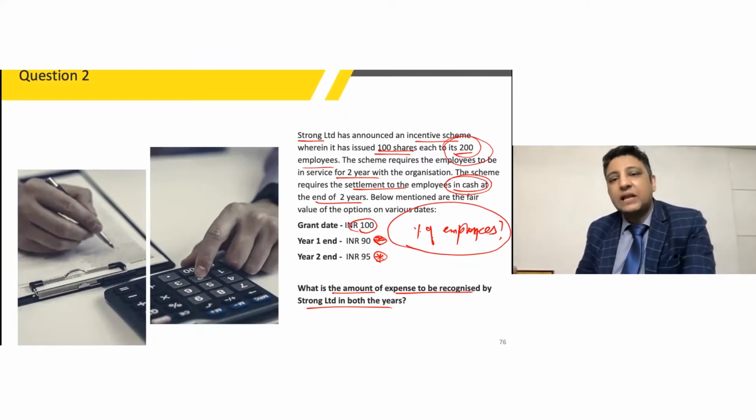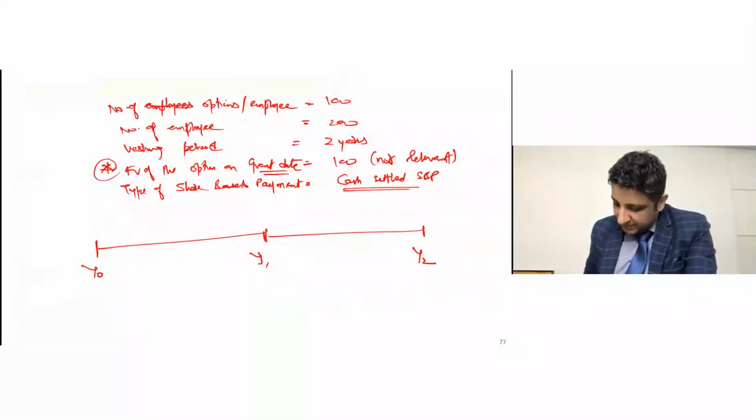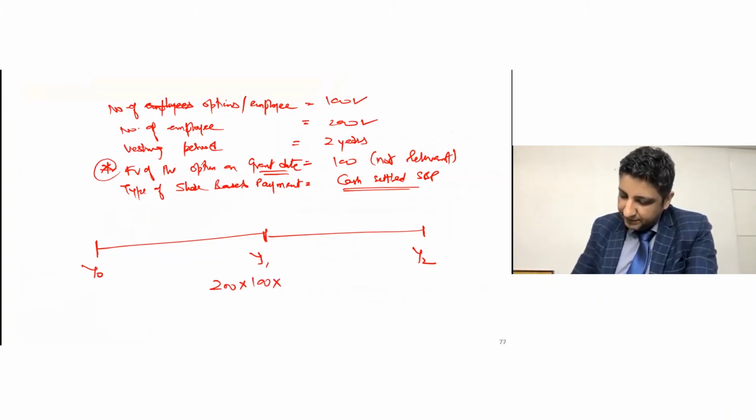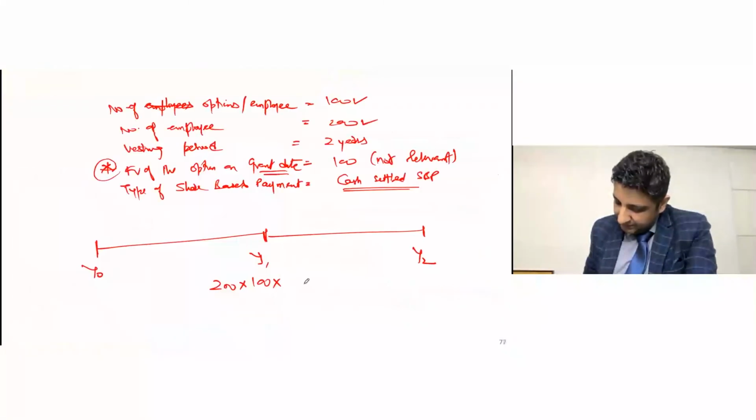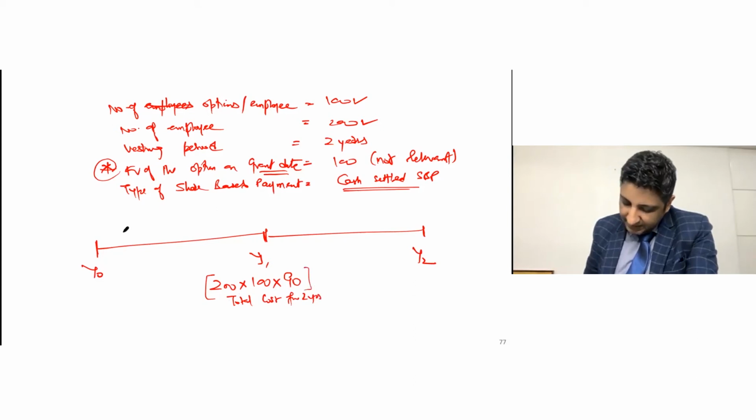Okay, so how do I calculate this value? My number of employees is 200, my number of options is 100, and the value of the option, which is given to me, is 90. So this is my total cost for 2 years, which means that my year one cost has to be 200 into 100 into 90 into 1 by 2.